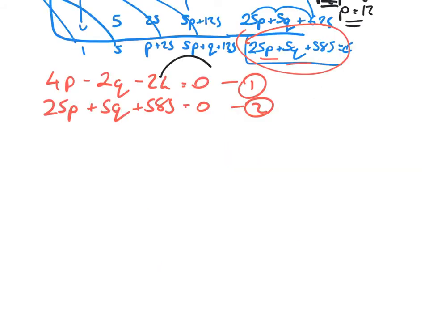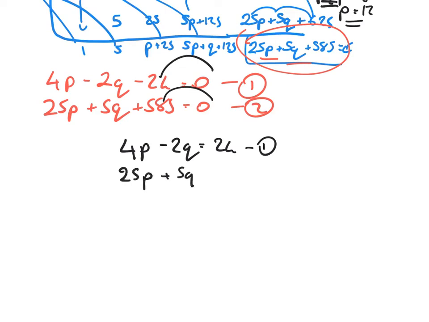Okay, so let's put these across here to make it look a bit more familiar. So that's going to be 4p minus 2q is equal to 24, and 25p plus 5q is equal to minus 585. That's equation 2.